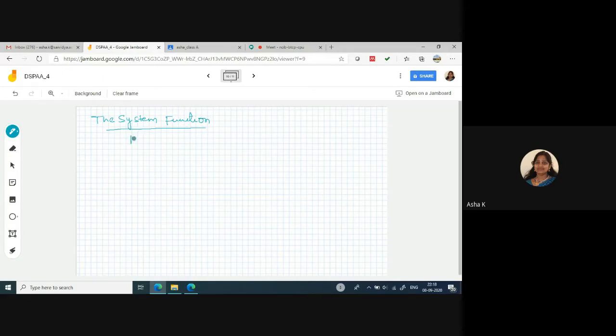So we know that h of n is the impulse response of the system, the output response of the system to the input to the system. So if I apply the z transform, system function H of z is equal to capital Y of z to the capital X of z.